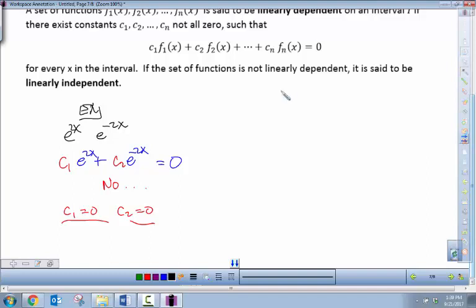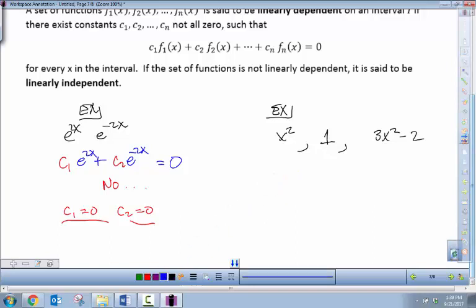So here, let me do an example of 3 functions, and ask you, is this linearly dependent?